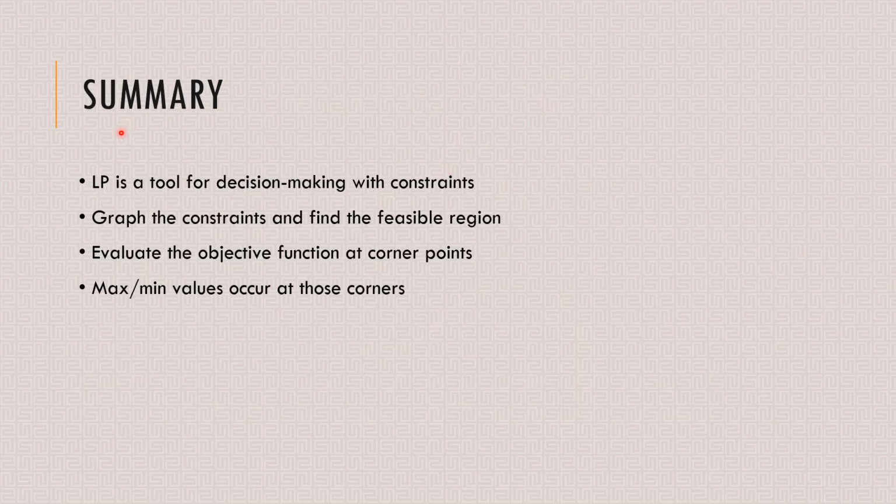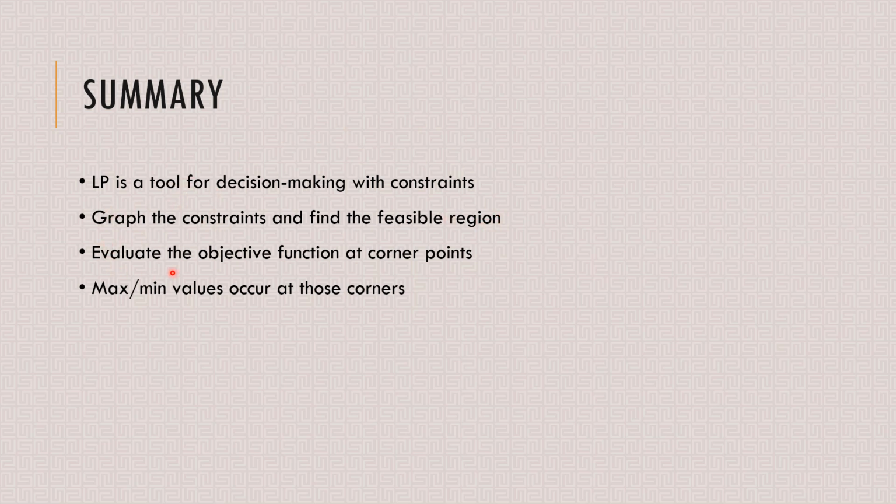Good. So the summary of our study is that we've learned about linear programming, which is a tool for decision making with constraints, and it helps in optimizing problems. We graph the constraints and find the feasible region, meaning the region that satisfies all the inequalities.